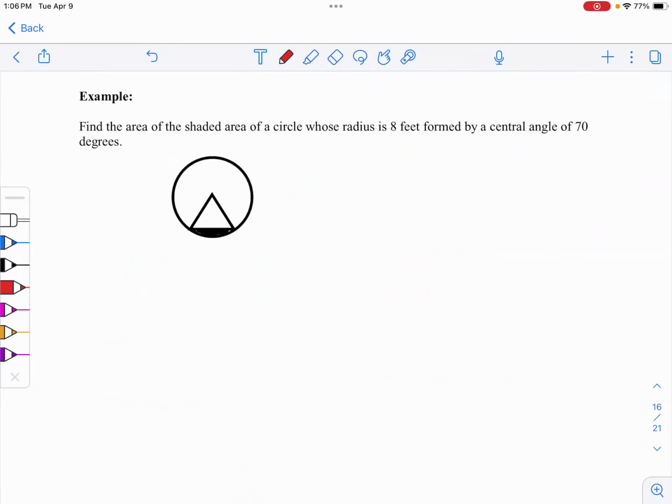Okay. I want to find the area of the shaded region of a circle whose radius is 8 feet formed by a central angle of 70 degrees. So we have to recall our equation for the area of a sector of a circle.